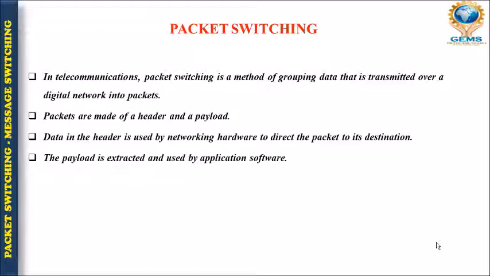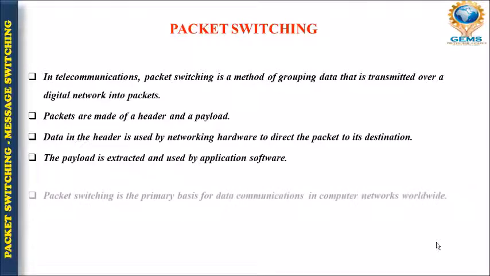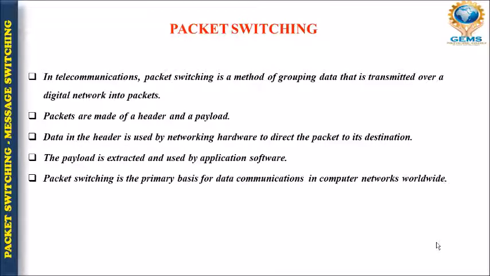These programs are also known as your application software. Packet switching is the primary basis of data communication in computer networks worldwide. Actually, these packets are not only applicable for transmission in a LAN or MAN, but they are also used for worldwide transmission.